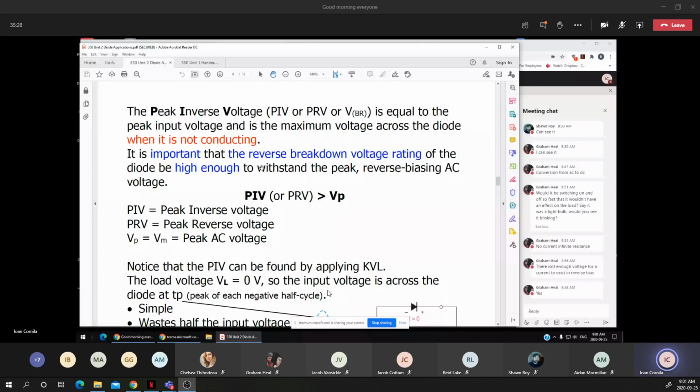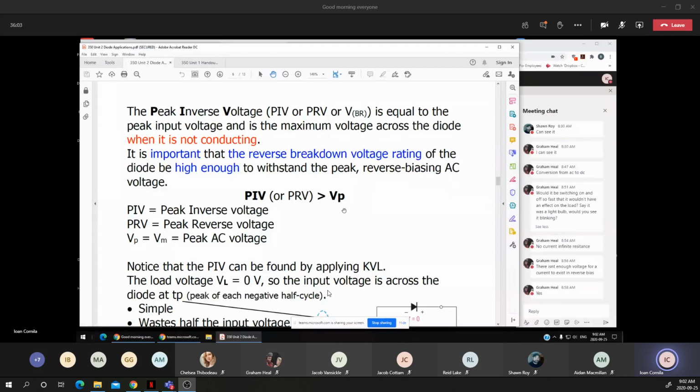It's very important to understand that the breakdown voltage or the PIV always has to be greater than the VP. I mentioned that one of the 4 or 5 important characteristics is the peak inverse voltage or the PRV. This is what we are looking for, to make sure the diode can sustain, or resist, the inverse voltage that is applied across the diode in reverse bias.